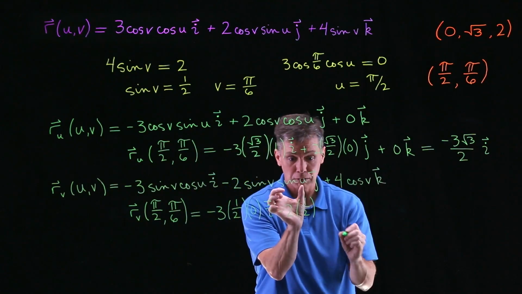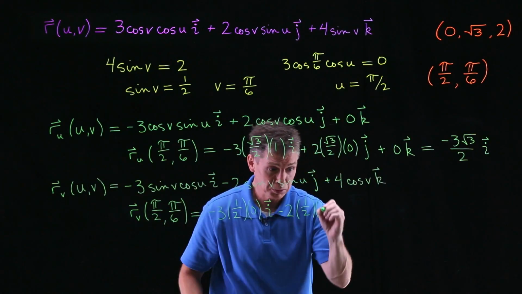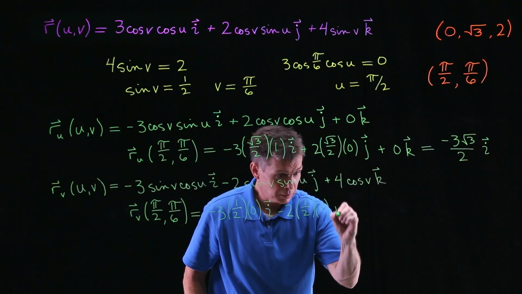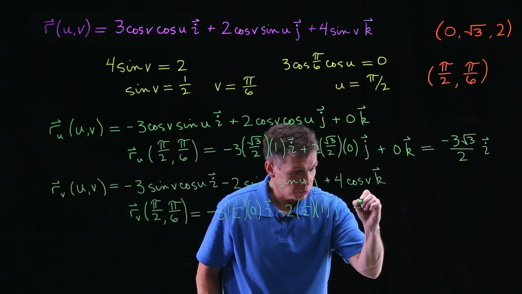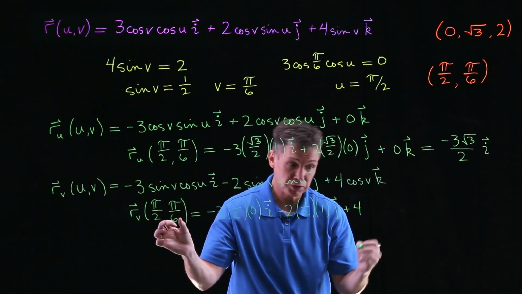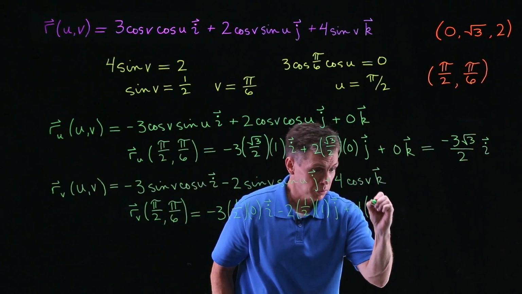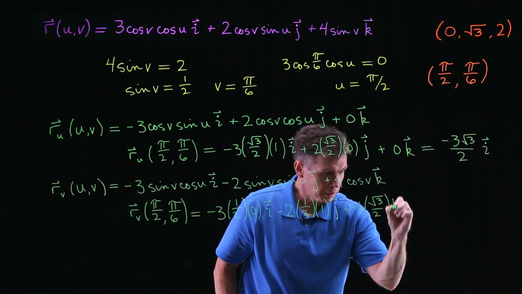And then sine of u, sine of pi over 2, that's going to be 1. And that's my j vector, plus 4 times the cosine of v, cosine of pi over 6. That's the square root of 3 over 2. And that's my k vector.